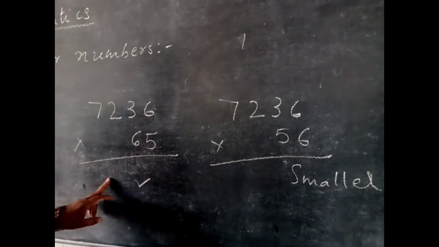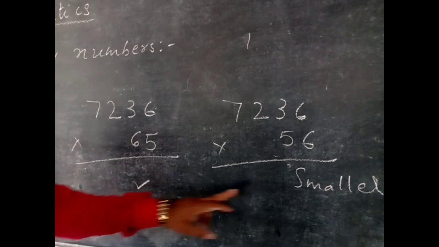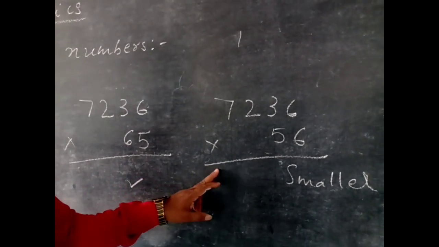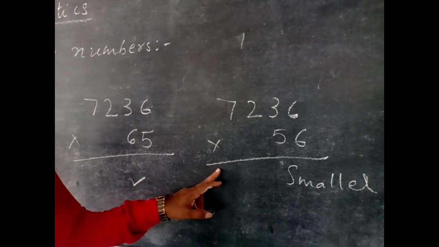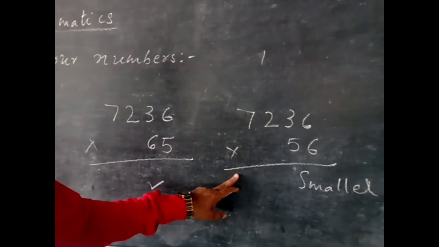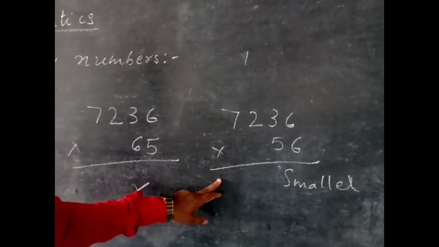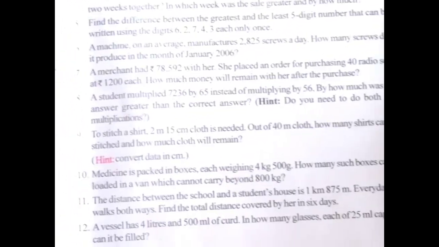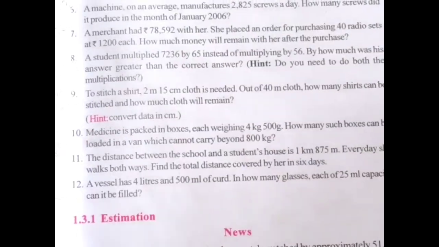So you have to subtract the smaller number from the bigger number, so we get the difference between them. Understood? So all of you understood how to do it? Okay, good. So in this way, please do example number 8. Now we'll go for 9. We will explain 9, 10, 11 and 12, so please try to do them yourself.